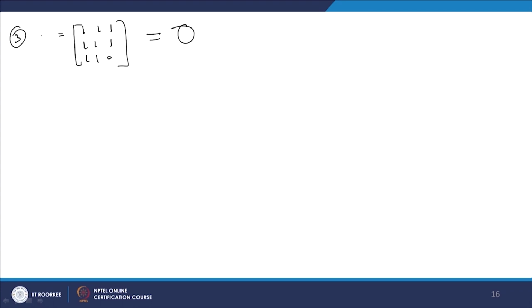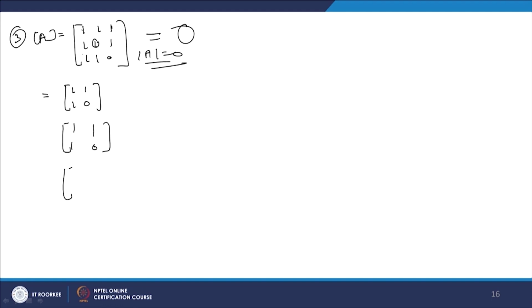Now, for the second order principal minors, we get 1 1, 1 0, then 1 1, 1 0, and then 1 1, 1 1.